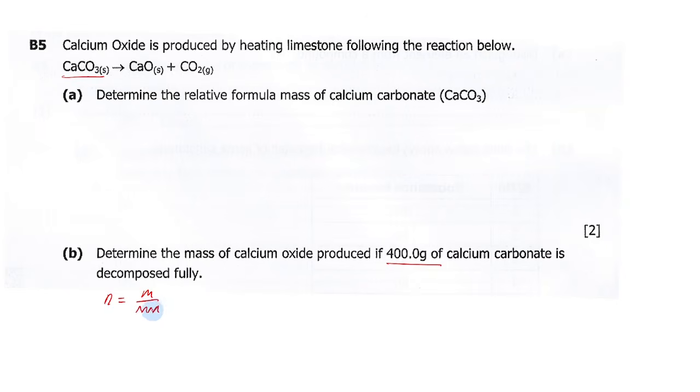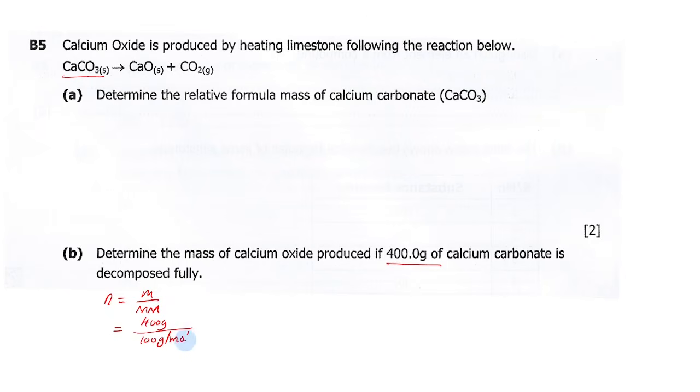This is the mass we are provided, which is 400 gram. Then the molar mass, we already found it to be 100. That was relative atomic mass. So relative atomic mass equals molar mass, the mass for 1 mole. So it is 100 gram per mole.